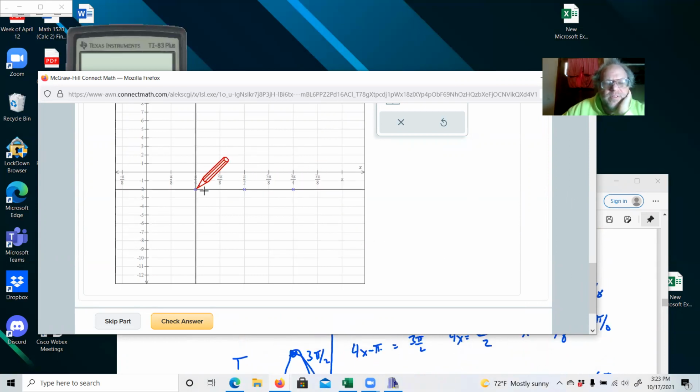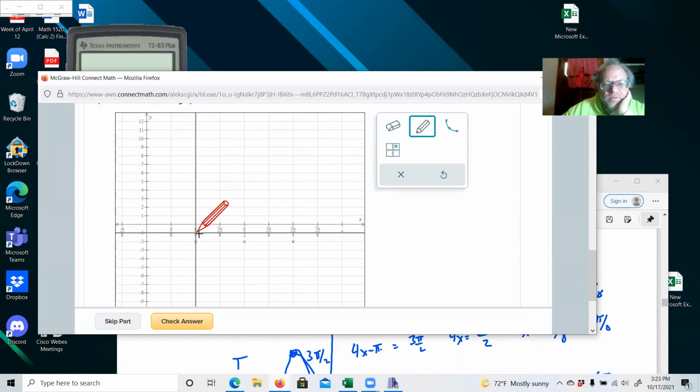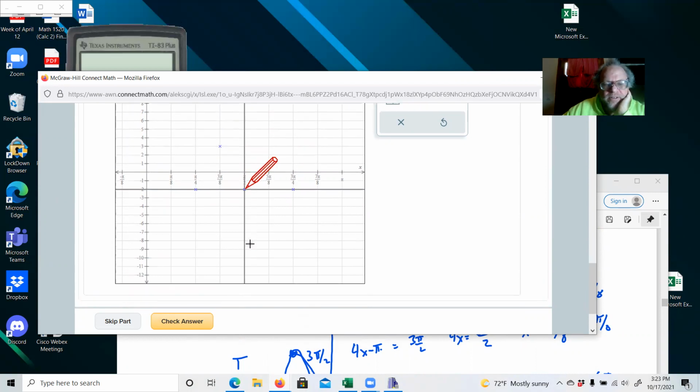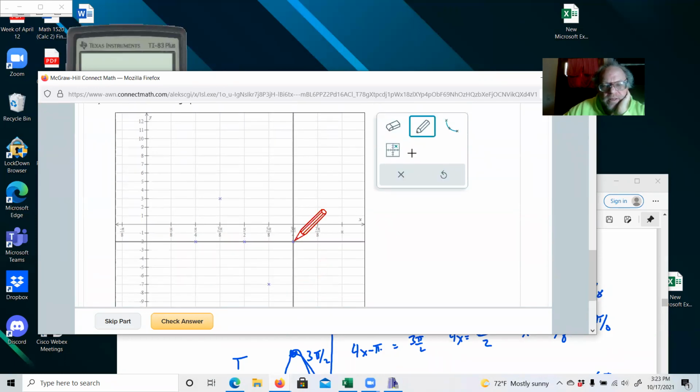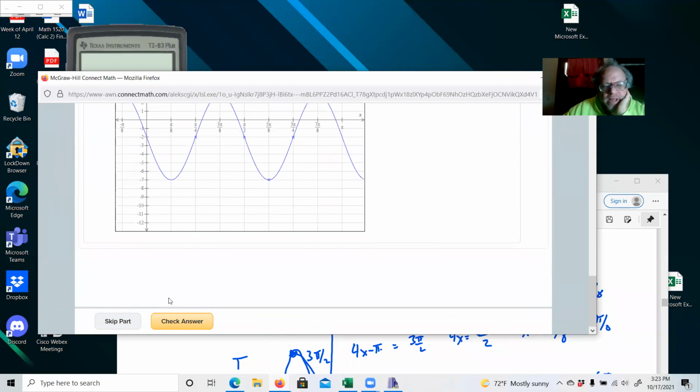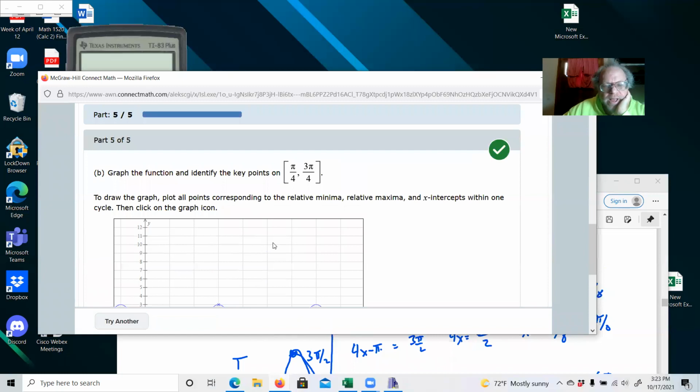So we're going to move up 1, 2, 3, 4, 5 up to 3. Back down to 0, and then we're going to go 1, 2, 3, 4, 5. Hope for the best that this is my baseline. Let's push this in here. Fingers crossed. Hey, and it liked it.